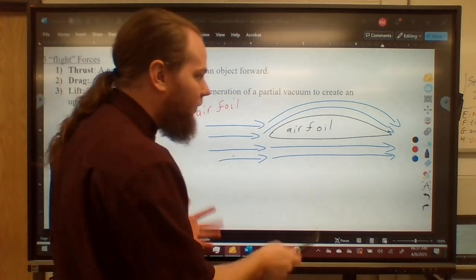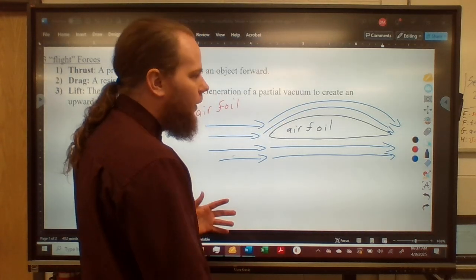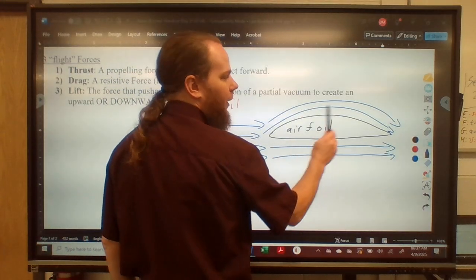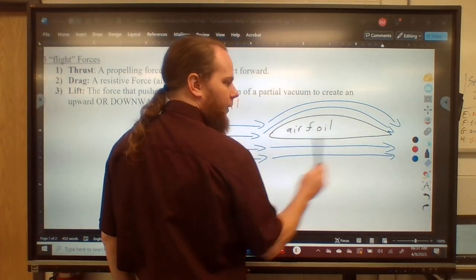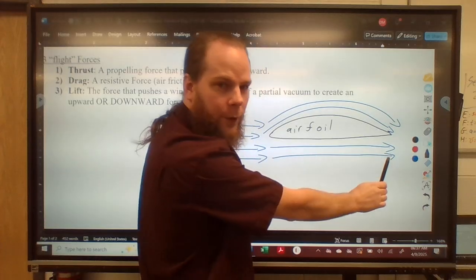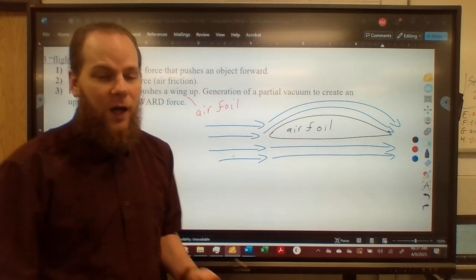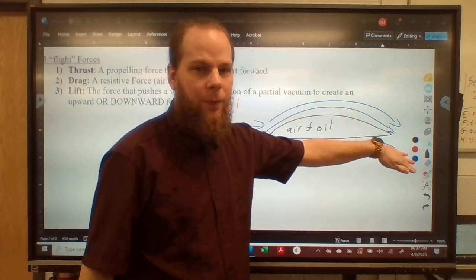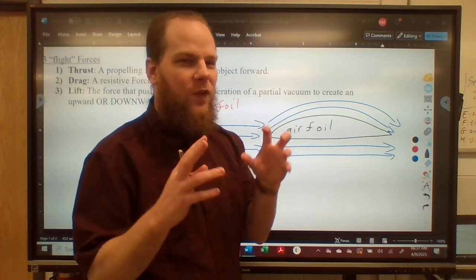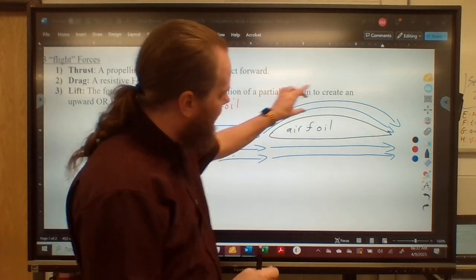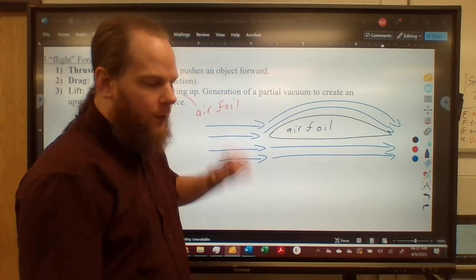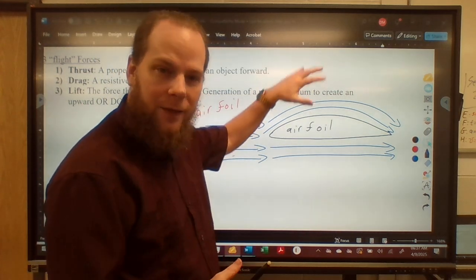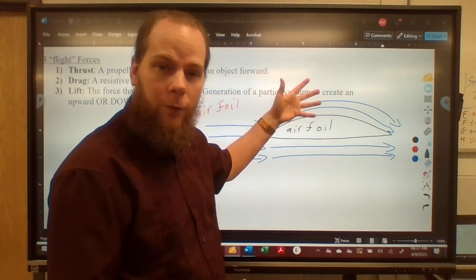Now, what happens here is, if you look, it's a longer path for the air going over the top of the airfoil than it is for the air going under the airfoil. So what that causes is the air on the top ends up kind of thinning out for an area just above the top of the wing, and it creates a partial vacuum above the wing, above the airfoil.